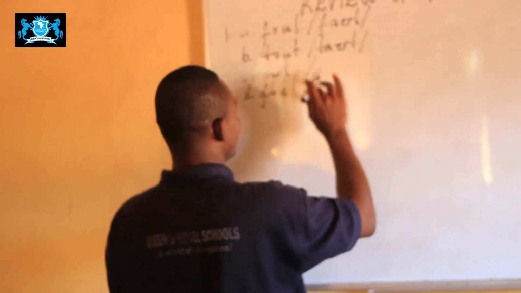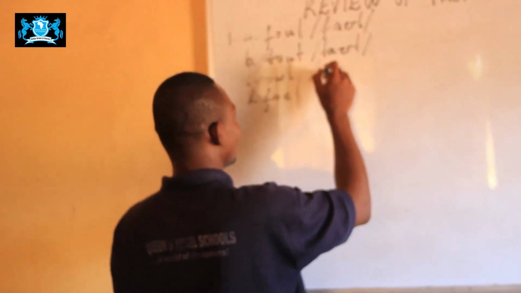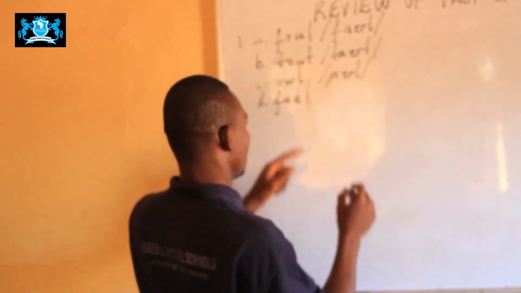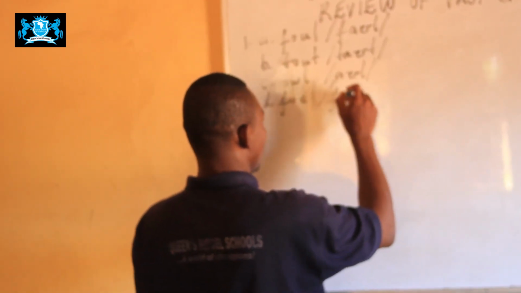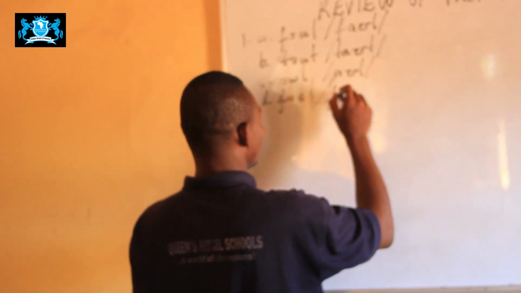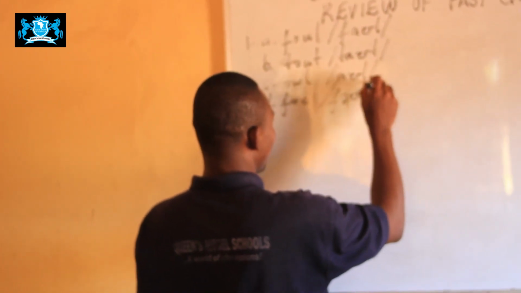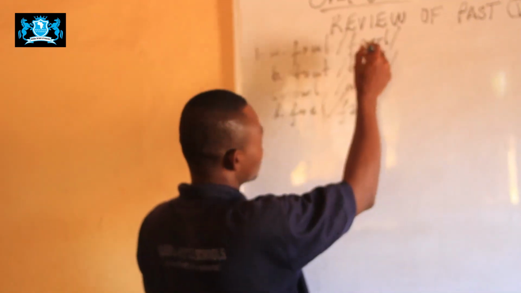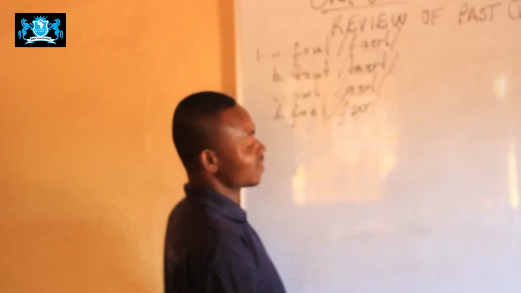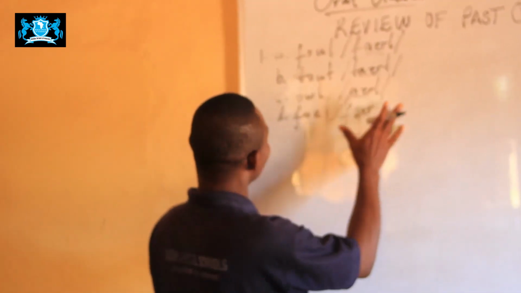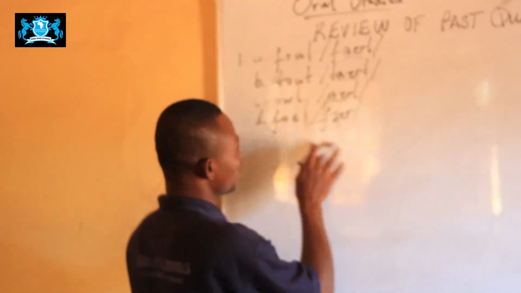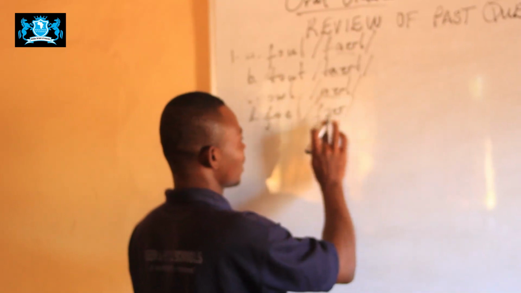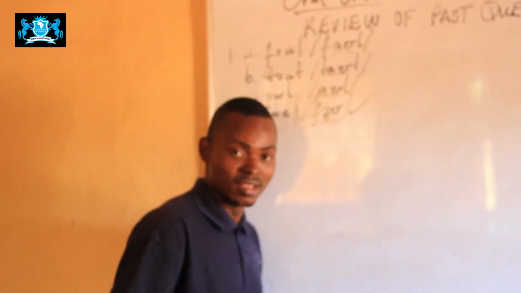O-W-L is transcribed as owl, and F-O-E is transcribed as foal. So by merely looking at it, we see that the vowel sounds here are exactly the same, but only in the D, which is foal, that we have a different vowel sound. Therefore, the answer here is D, which is foal.